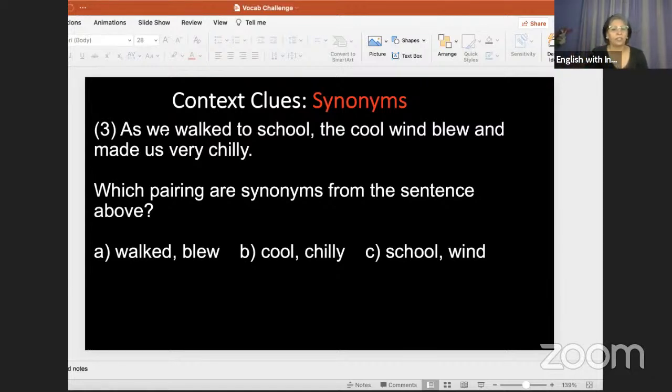Okay, so here: as we walked to school, the cool wind blew and made us very chilly. Which pairing are synonyms from the sentence above? Walked and blew, cool and chilly, school and wind. There are synonyms in the above sentence.